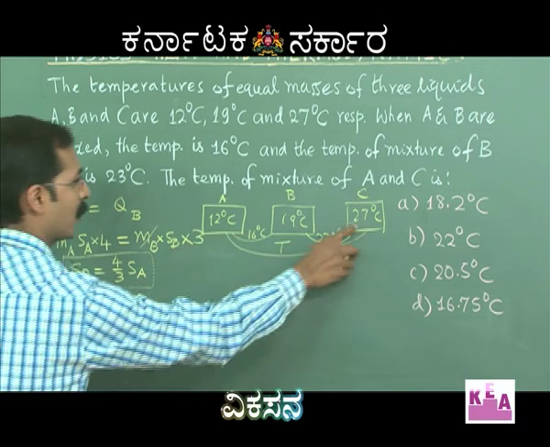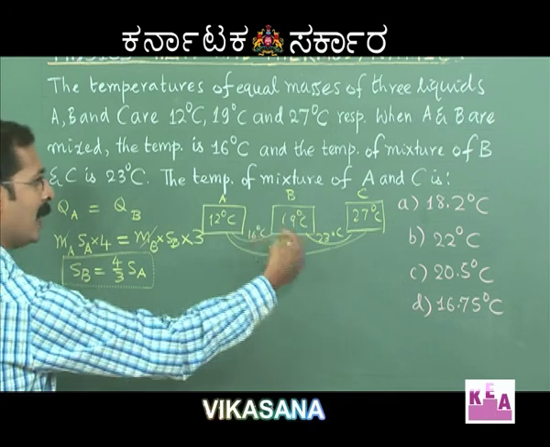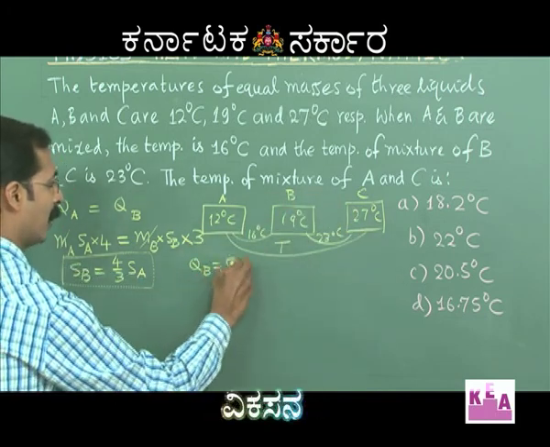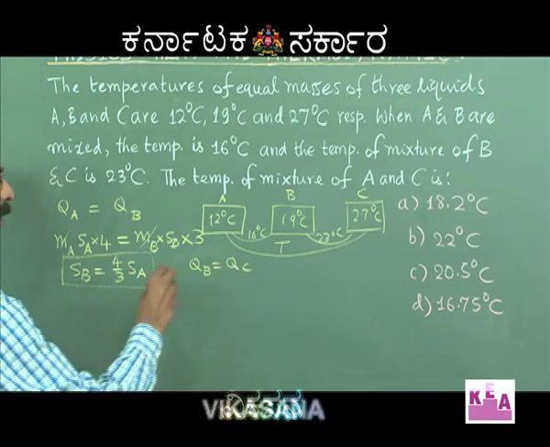Next, let us see what happens with the mixture of B and C. When I mix B and C, B gains heat whereas C loses it. Heat gained by B is equal to heat lost by C. I will use again the mass into specific heat into change in temperature formula.